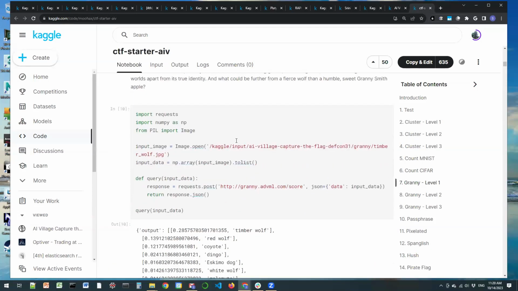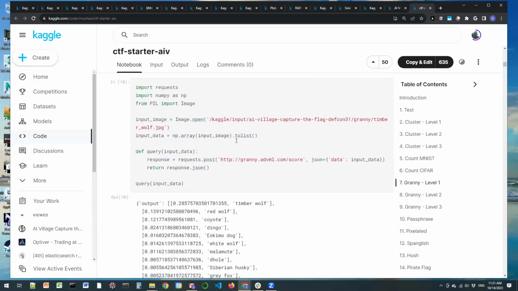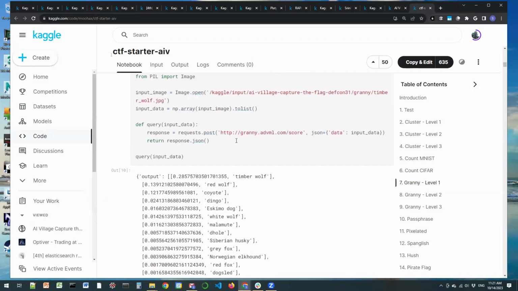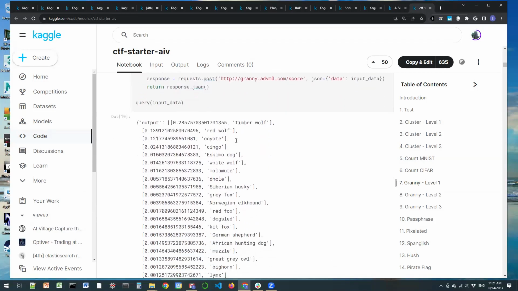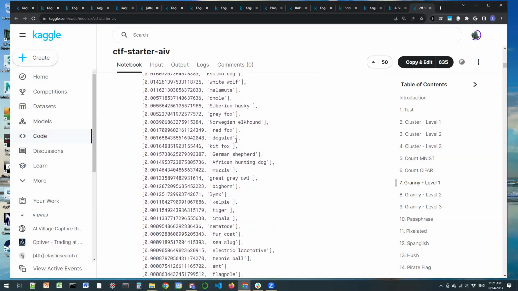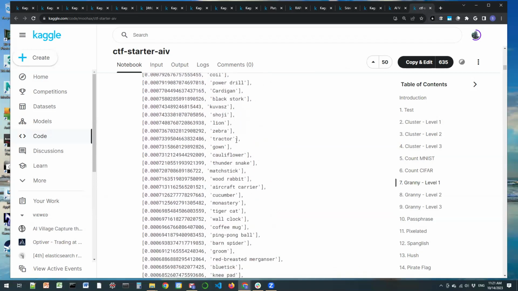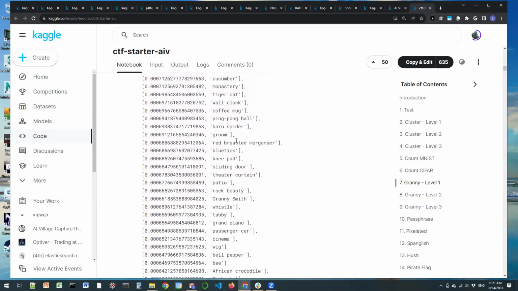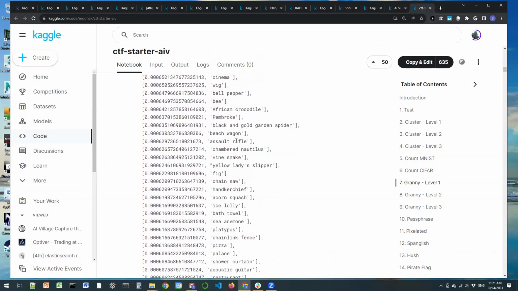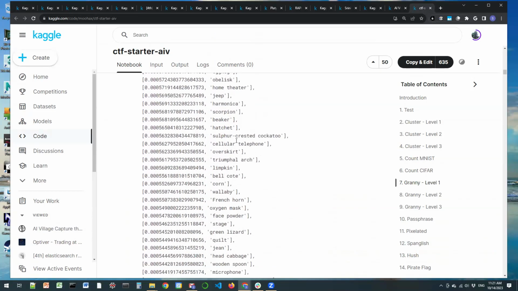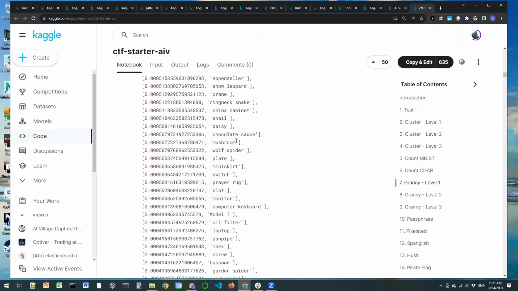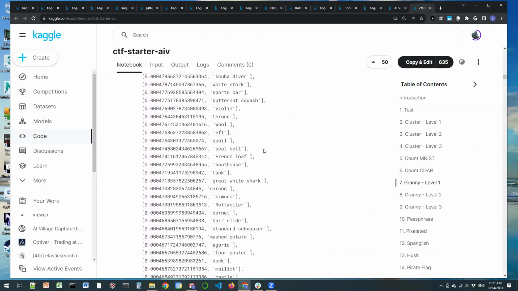I've been at this all week. I've been putting pictures of Granny Smith apples in there all week, and pictures of wolves, and wolves disguised as apples and apples disguised as wolves, trying to get this key. And I've given up. It just never worked. It's a really frustrating competition.